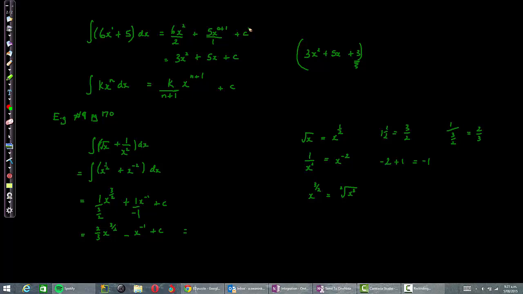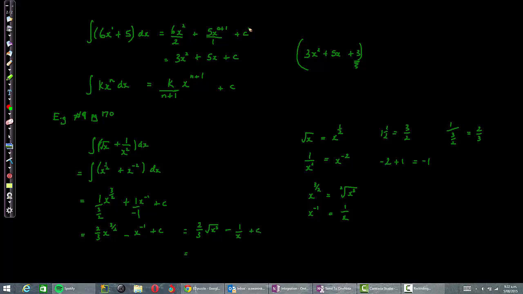So this part here could be written as 2/3 times the square root of x cubed. That's a cubed. And what about x to the power of -1? Well, if you rewrite that as a positive power, it'd be 1 over x. So minus 1 over x plus c.